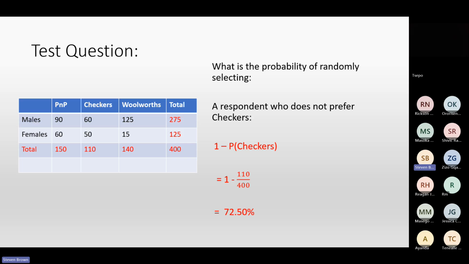So if you find the probability of Checkers out of that, then 1 minus means it will be the probability of Pick n Pay and Woolworths. Because think about it, that plus that is 400 over 400, which is, hey, 100%. So if you're only finding the probability of Checkers, class, then you are finding a component of that 100%. So 1 or 100 minus that must come to the complement rule.